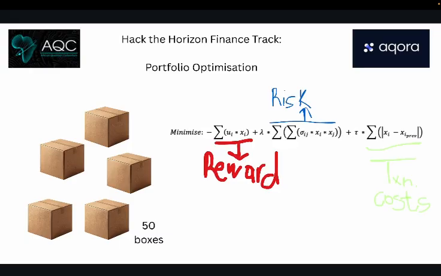What we are essentially solving is finding the lowest energy state of our quantum system, or our Hamiltonian, which is given by this term.